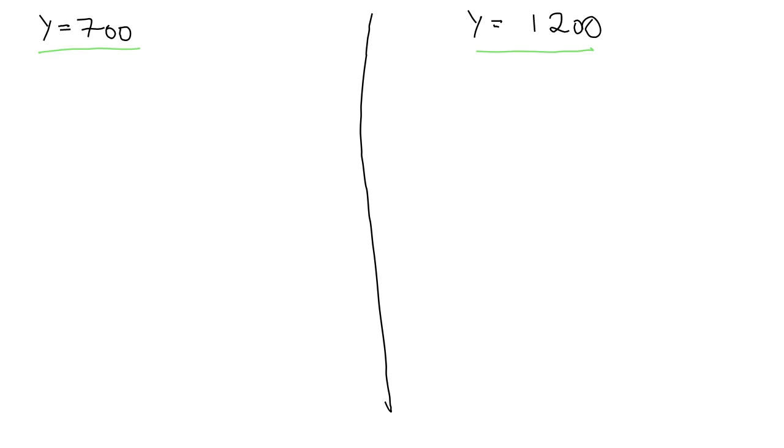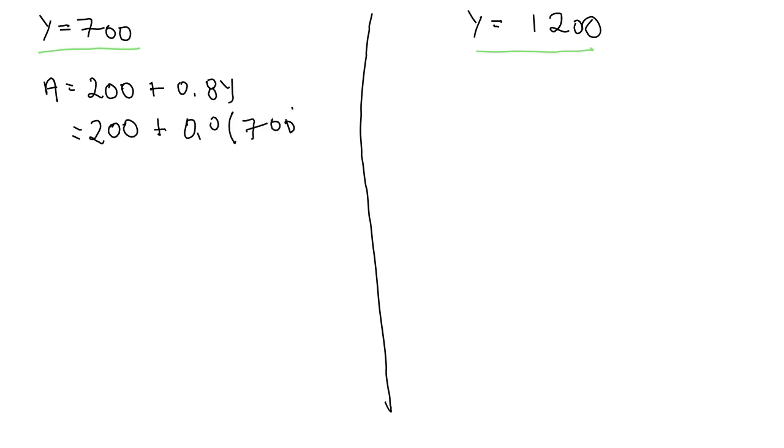Now, using our equation, where A is equal to 200 plus 0.8y, the next thing we do from here, guys, is that we go, okay, great. So that's 200 plus 0.8, y in this case being 700. And then from there, we obviously calculate what 0.8 multiplied by 700 is.